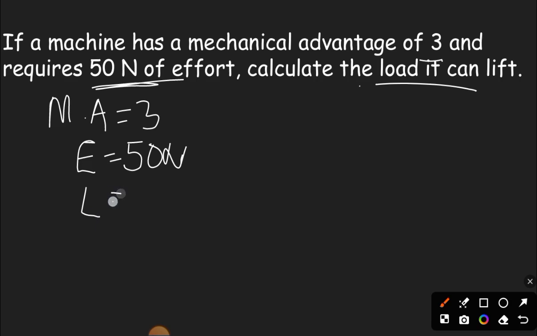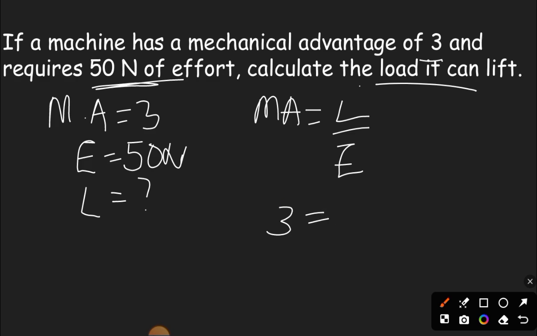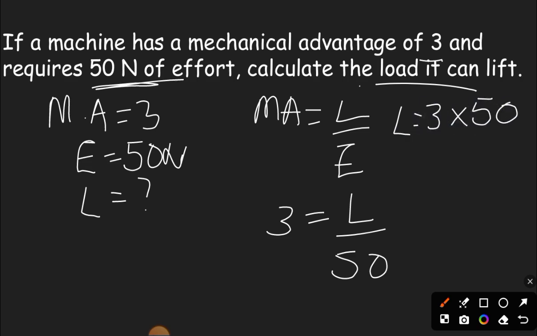What is the load? We know that mechanical advantage equals load over effort. So the mechanical advantage is 3. The load is what we don't know. And the effort is 50. Now with this you can just cross multiply. So you are going to have load equals 3 times 50. So load equals 150 Newton.